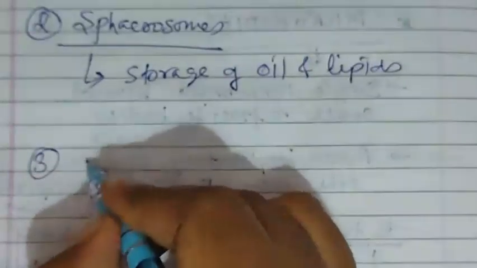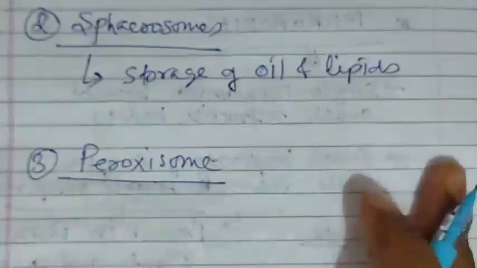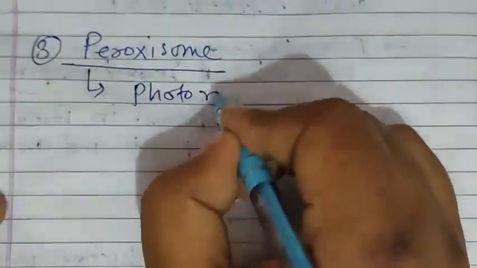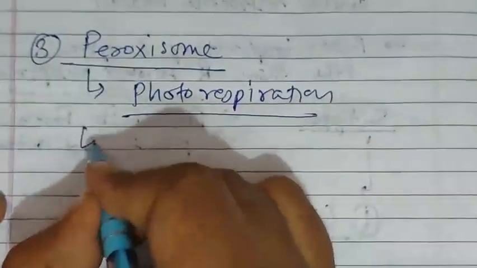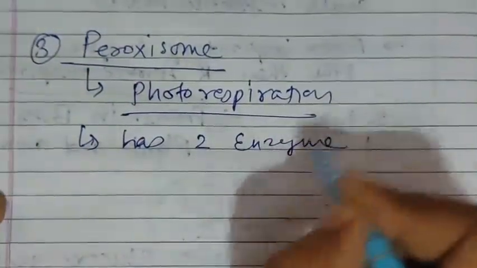And third is peroxisome. Now peroxisome are involved in photorespiration, and it has two enzymes.